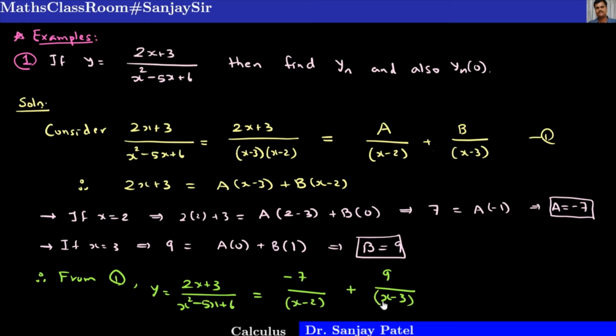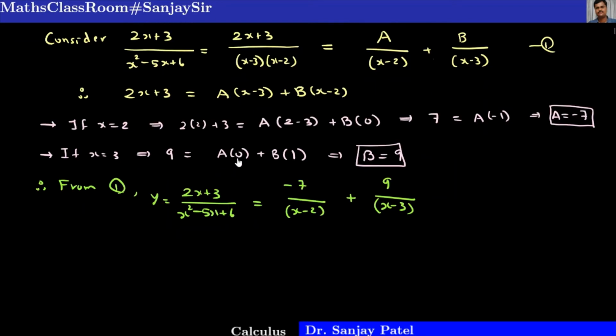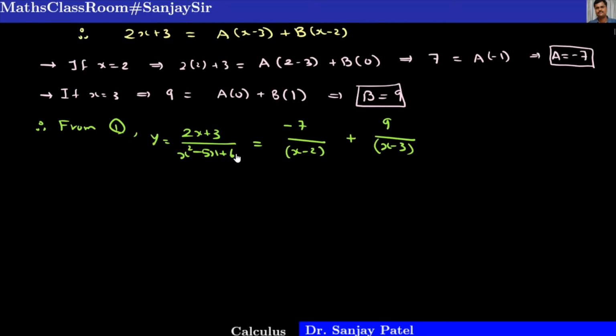Okay. Now we can take the nth derivative on both the sides, and we have the formula for such an expression 1/(ax + b). So we always write, after getting the standard form, taking the nth derivative on both the sides.